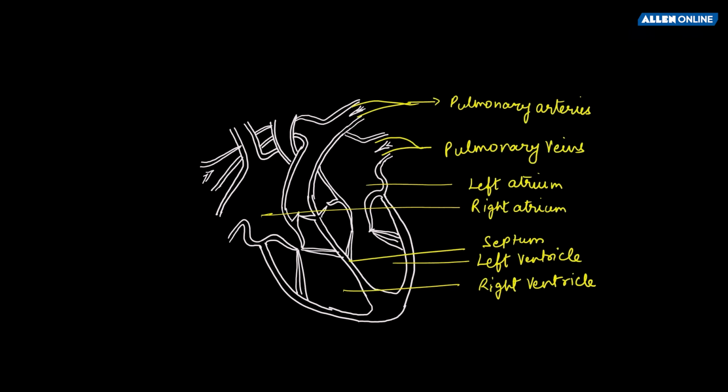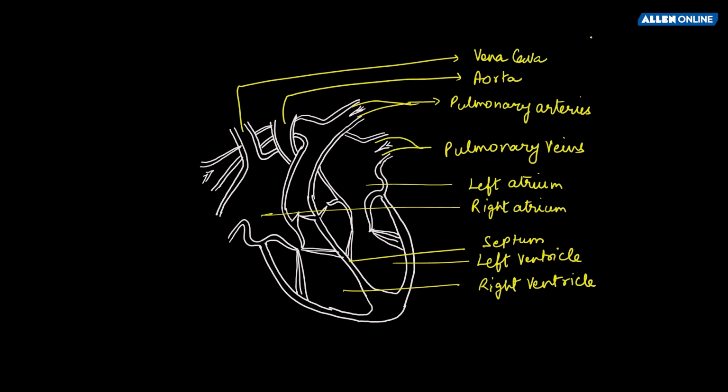Now we are going to label the vena cava. So here first we will label aorta. This part is the aorta here. Now here this is the vena cava, which is bringing the blood from the lower body, and this vena cava is bringing the blood from the upper body. Okay, so here you have to label the superior vena cava, and you can also write from upper body.